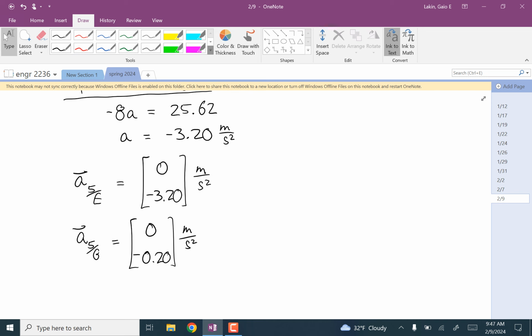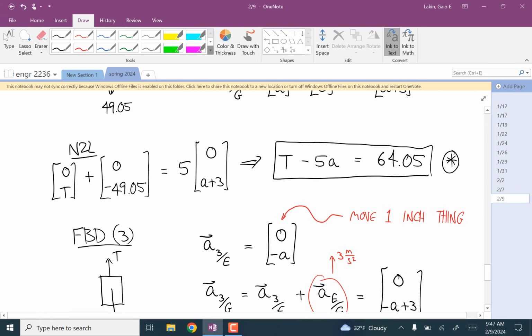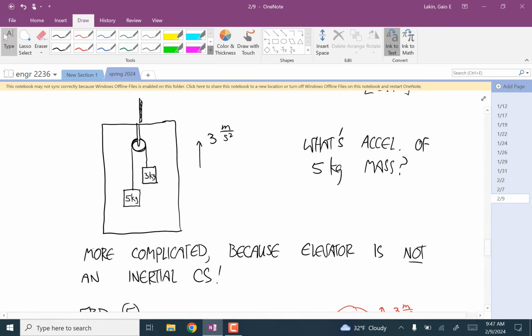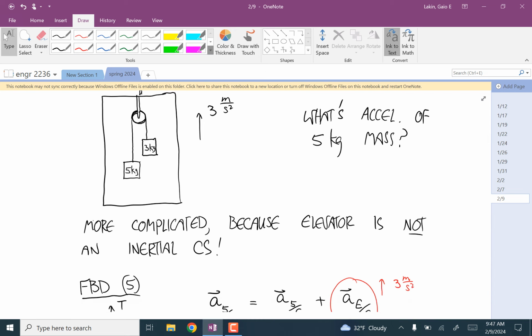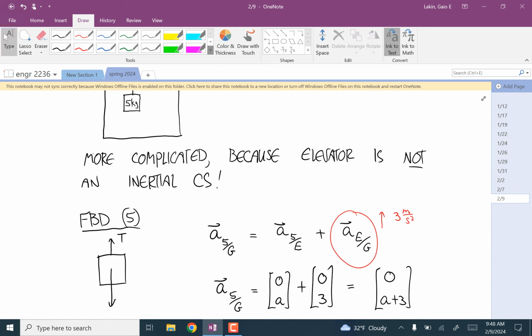It's kind of cool. And if instead that elevator was accelerating down at 3 meters per second squared, to the person in the elevator it would just feel like gravity was turned down. But really, what this is about is seeing how to navigate the relative motion equations to come up with an acceleration in the ground frame, because that's what you need to use for Newton's second law.